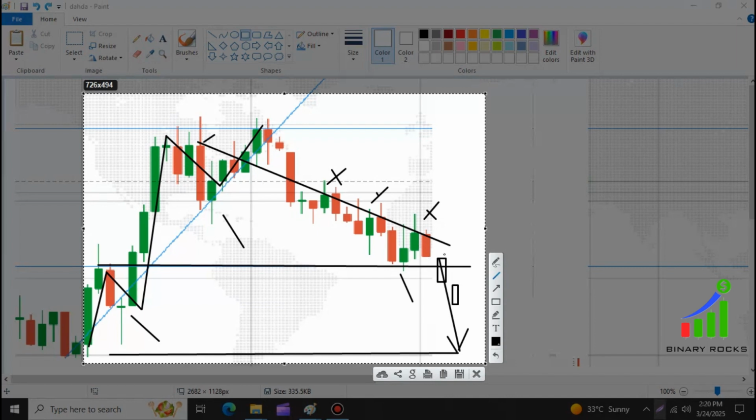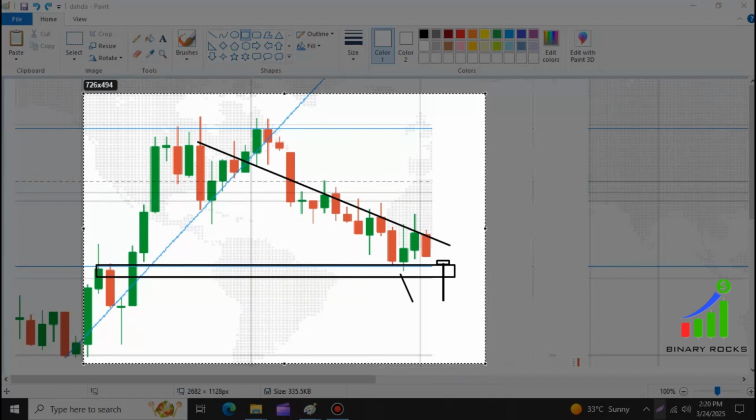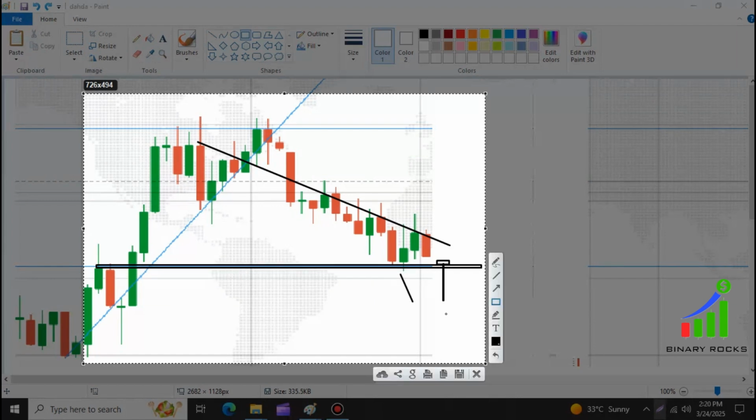So maybe I could go easily with sellers, maybe at least one candle. In these kind of situations, I will try to go with sellers. Maybe I could get this much candle at least. So with the margin of safety, I may go with sellers up to this level, because the level is far and there are no rejections on the downside.